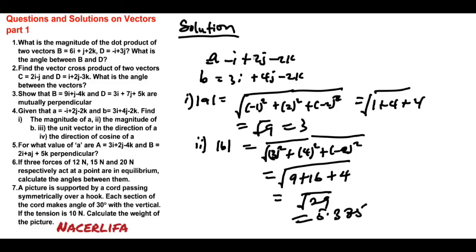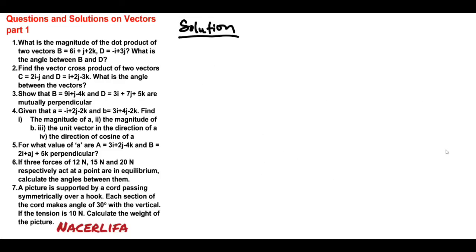So how do we find the unit vector in the direction of a? To find the unit vector in the direction of a, we shall be making use of this. This is the unit vector: a upon the magnitude of a, the modulus of a. And a is given as minus i plus 2j minus 2k, and we have found the modulus of a to be 3.